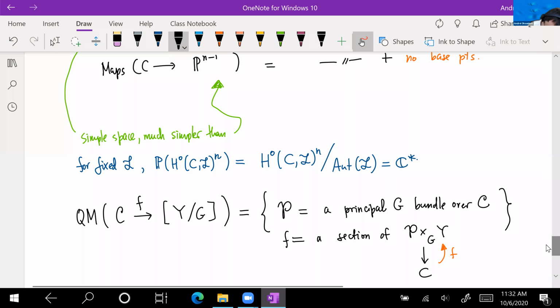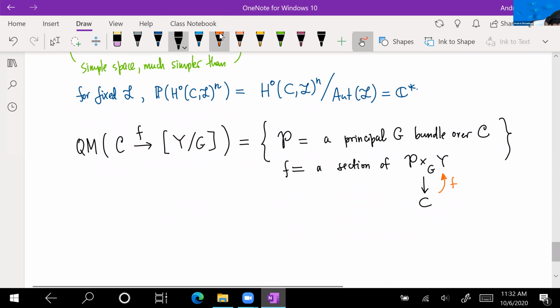And then the condition that the base locus, which is f inverse of the unstable locus in Y, is finitely many points.